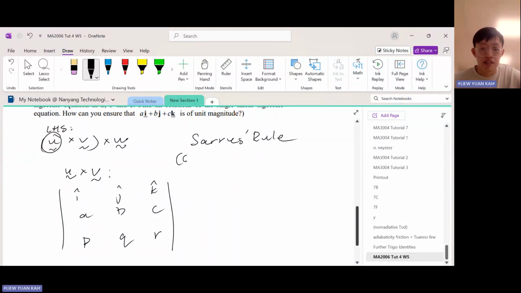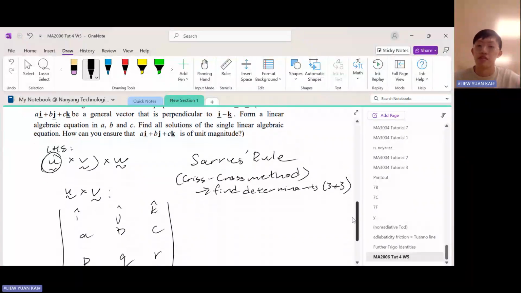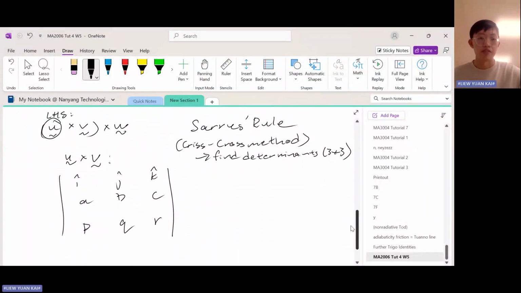I call it the crisscross method, which helps us find determinants. But this only works for 3x3 determinants. Other square matrices cannot work.